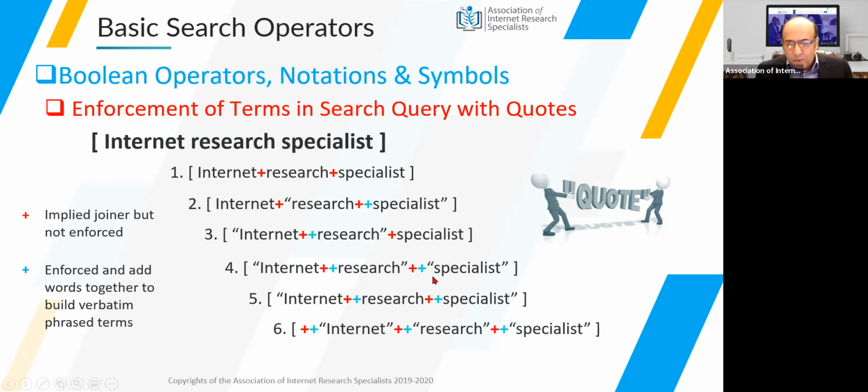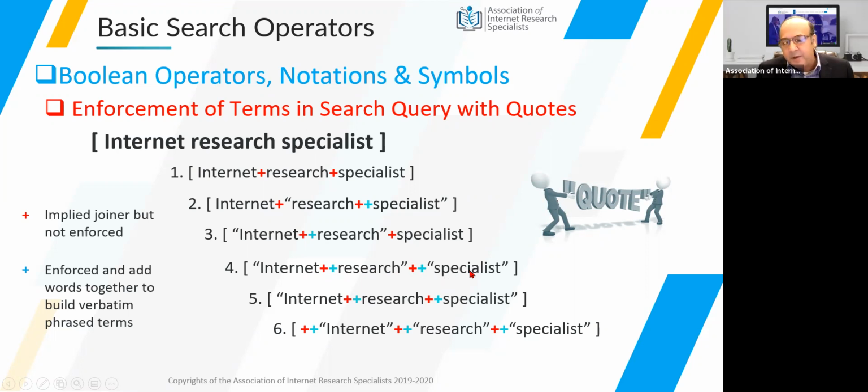Then the fourth one, I am showing that there are two pluses for something that is put within quotes. So if the word specialist is inside of the quotation, it is a mandatory find. It is supposed to be found, or it has to be returned, except that it won't be in the same sequence as the three words are meant to occur if it is a single search term.